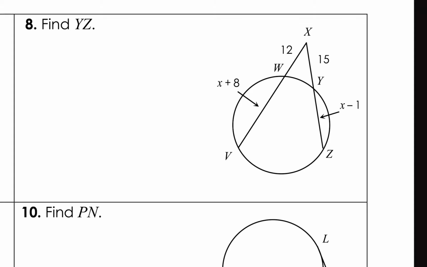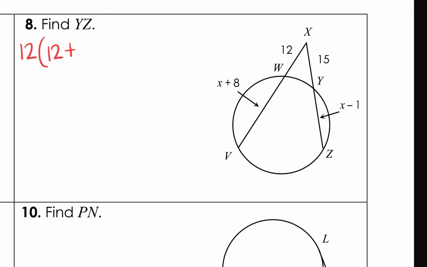Okay. Next problem, number 8, we have another set of secant lines. So similarly, we are going to do this segment multiplied by the entire line, and we're going to equal that to this segment multiplied by the entire line.